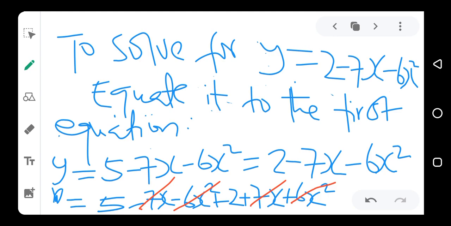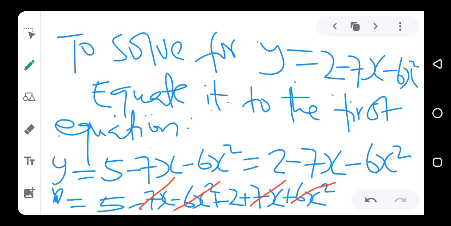We now say y equal to 5 minus 7x minus 6x squared, and that is equal to the second one, which is 2 minus 7x minus 6x squared. Now, when we equate it like that, we bring all the terms to one side. That means that y now is equal to 5 minus 7x minus 6x squared.